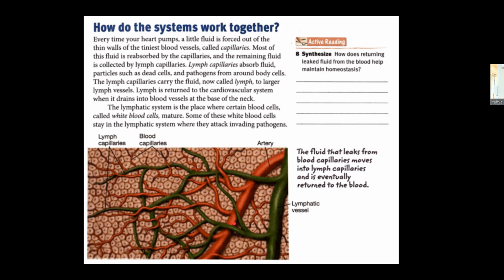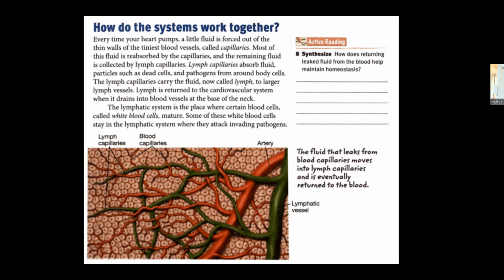So what happens? All of that fluid that leaks out of the cardiovascular system is captured in the lymphatic system, which figures out what it is, tries to remove bacteria and other kinds of dangerous pathogens, and returns the cleaned fluid back into the blood.